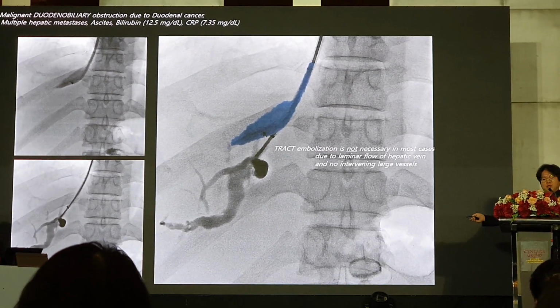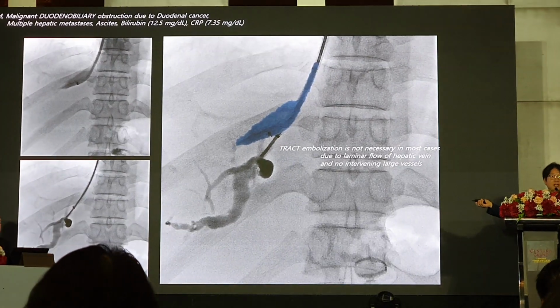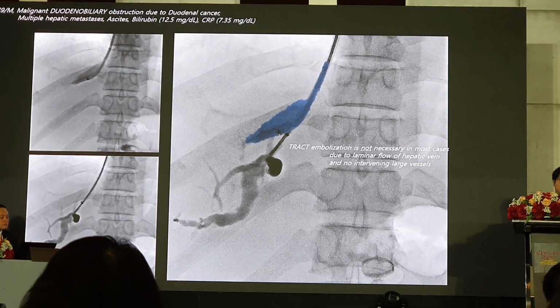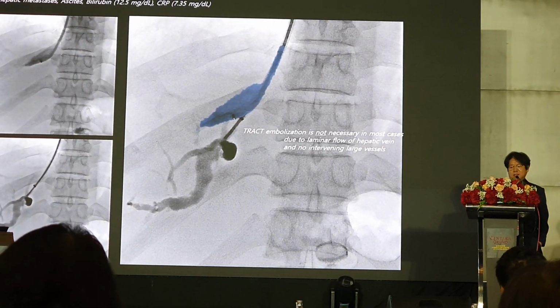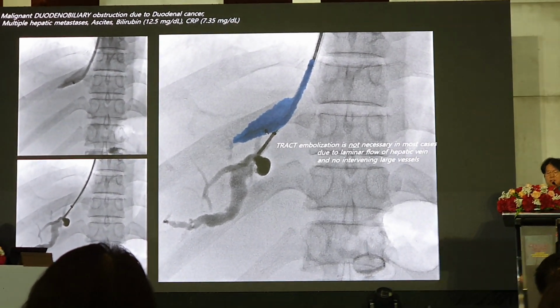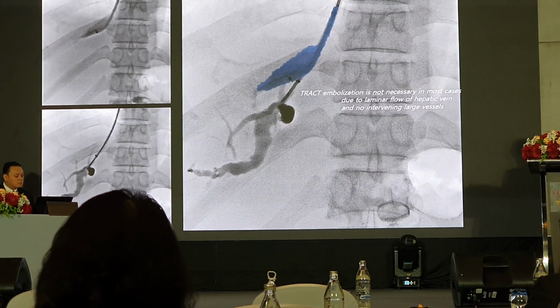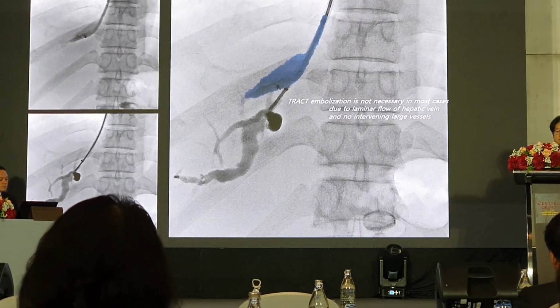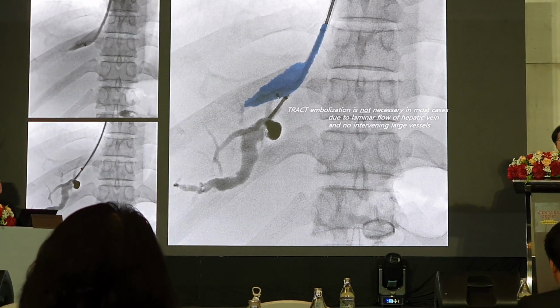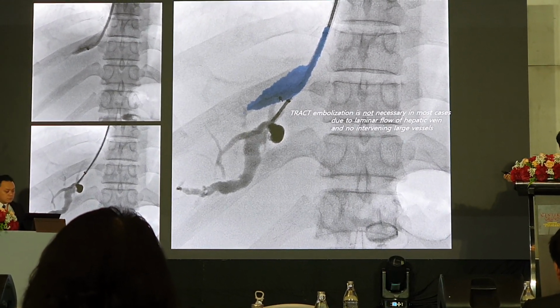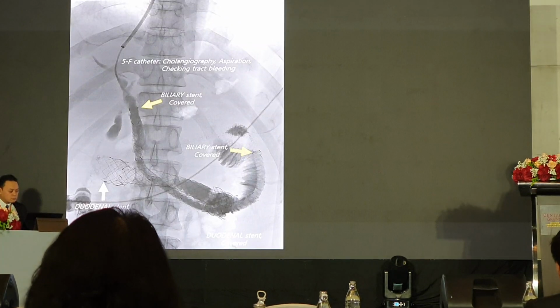And mostly tract embolization is not necessary, because the laminar flow of the hepatic vein cannot influence intrahepatic bile duct bleeding. So you don't need to worry about tract embolization after successful transjugular biliary intervention.